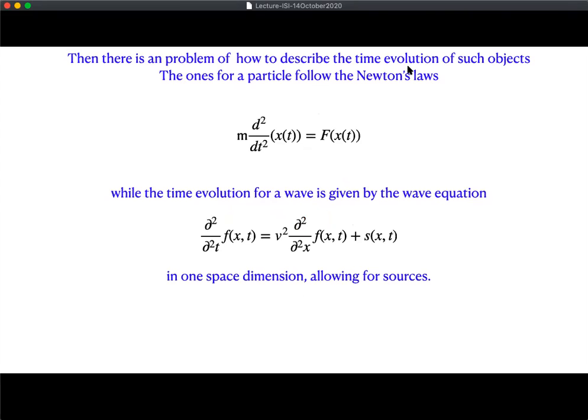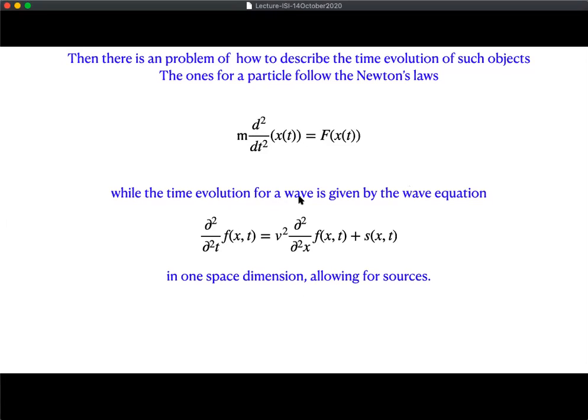So here is the problem. The time evolution of particles is described by Newton's laws. Namely, acceleration times mass should come from the force that acts on the particle. That is the classical Newtonian law governing particles.